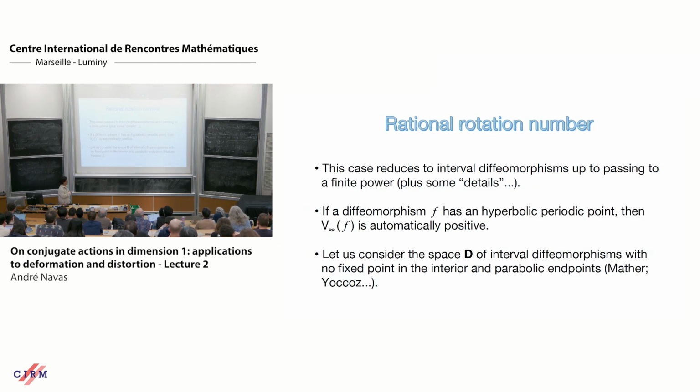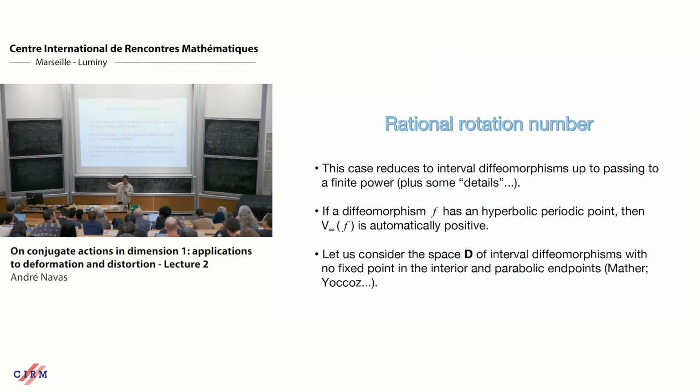And now let me discuss a little bit in these 5 minutes, in order to explain what I will do tomorrow, the case of the interval, which is essentially the case where you see some periodic points or fixed points. So essentially, we are reduced to the case where we have a diffeomorphism with no fixed point in the interior.